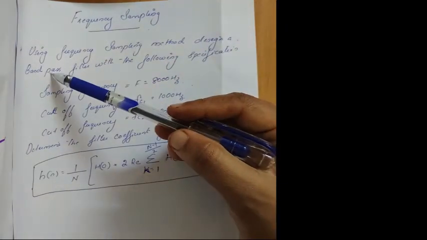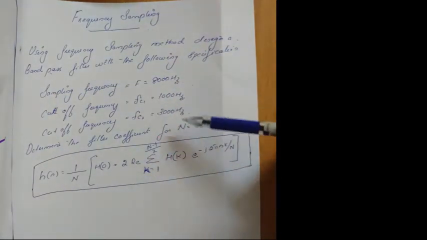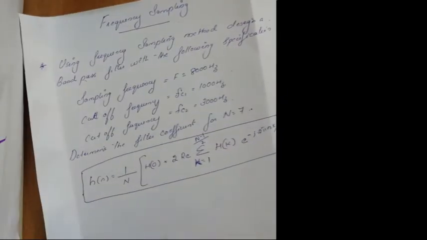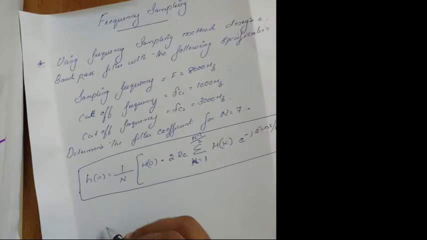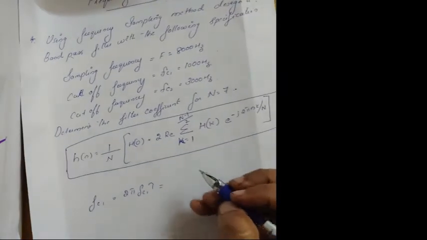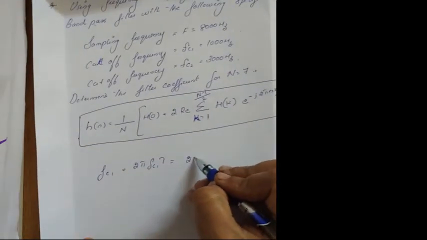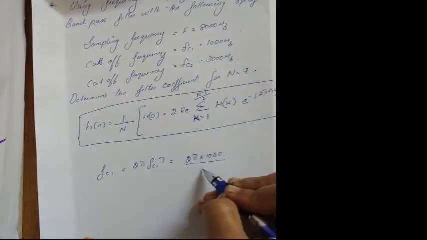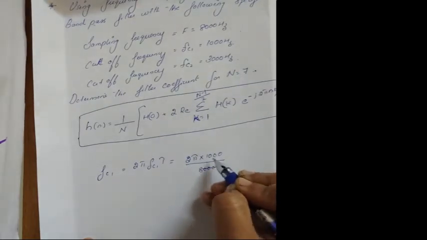As it is a bandpass filter, there will be two cutoff frequencies. So you have to first find the two cutoff frequencies. ωc1 is equal to 2π fc1 into T, that is 2π into 1000 divided by 8000.